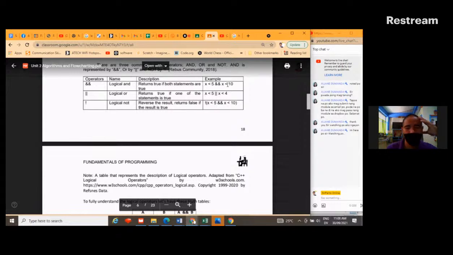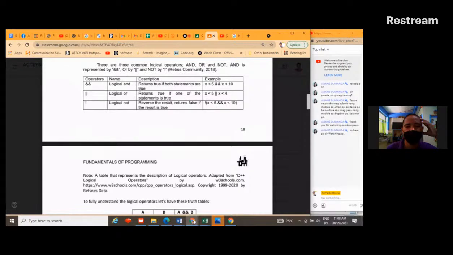That is the logical AND. And for logical OR, it returns true if one of the statements is true. Let's say, for example, here x is less than 5. Let's say 3. 3 is less than 5. Or x is less than 4. 3 is less than 4. So all of that are true. So the output would be true.